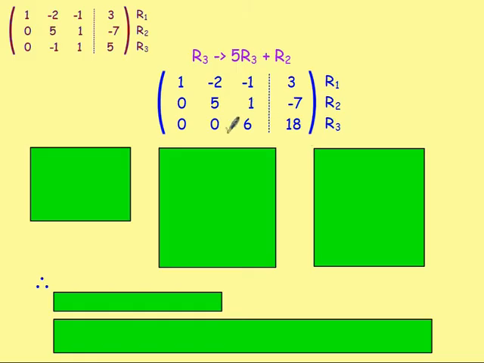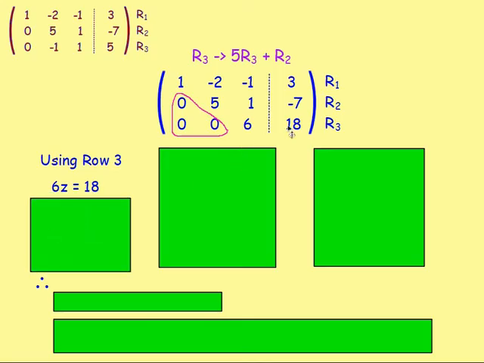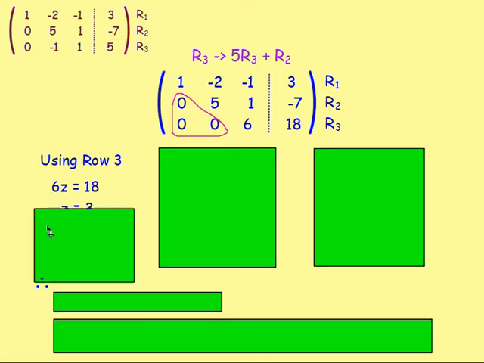Once we have this triangle of zeros, we can then solve. So, starting with the bottom row, row 3, just remember the 6 is the coefficient of z, so we can say that 6z equals 18. And if 6z equals 18, if we divide both sides by 6, z would equal 3.